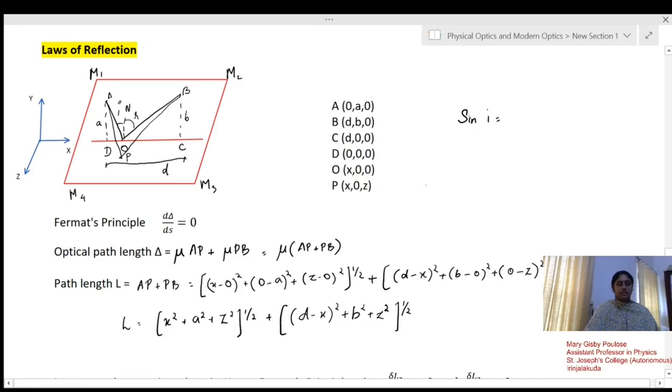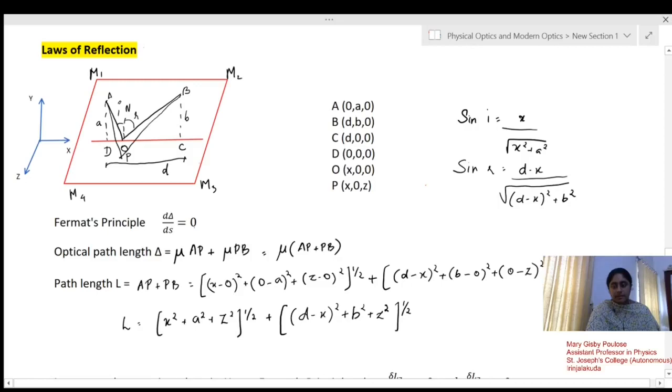The opposite side is DO, which is x, divided by the hypotenuse, the square root of x² + a². Similarly, sin r can be written as (d − x) divided by the square root of (d − x)² + b².